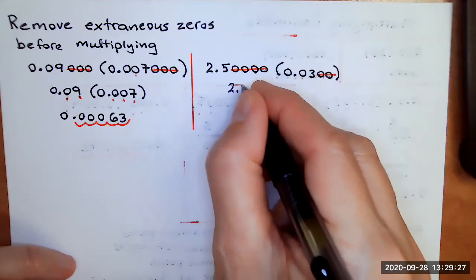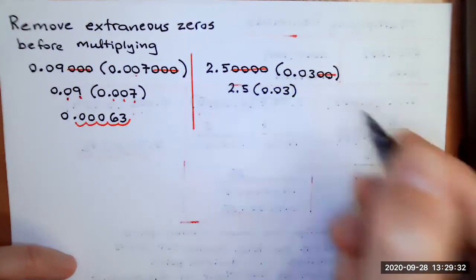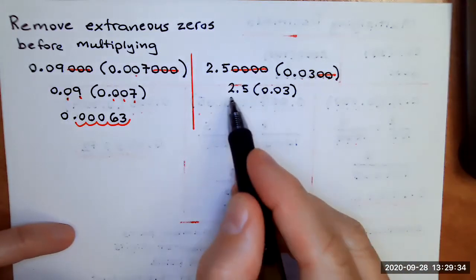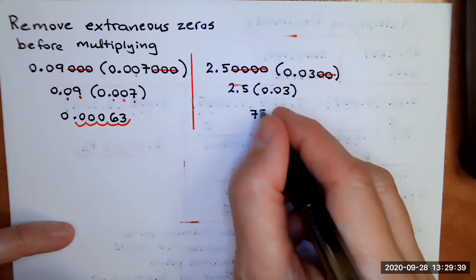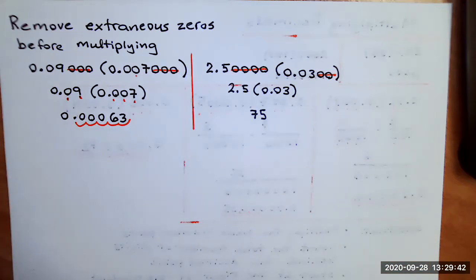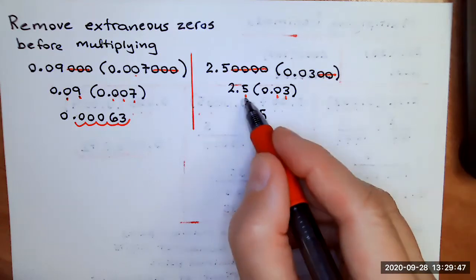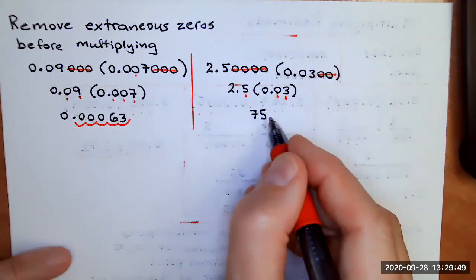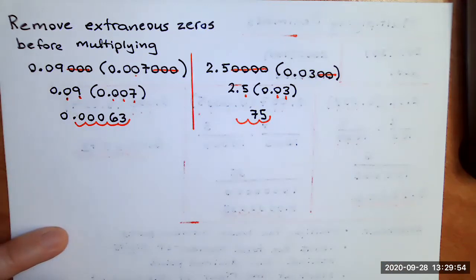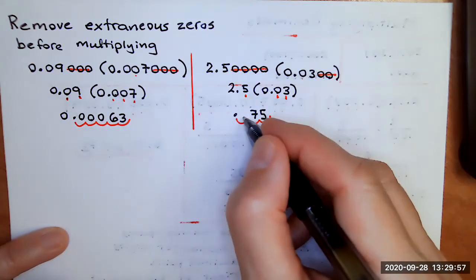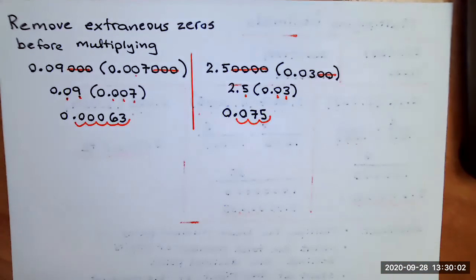And if you like, you can rewrite the problem without them so you're not distracted. And then we multiply 25 times 3, which is 75. Count the total digits behind the decimal point. 1, 2, 3. Start at the right and go left. 1, 2, 3 spaces. Fill in the empty scoops. And there you have it.